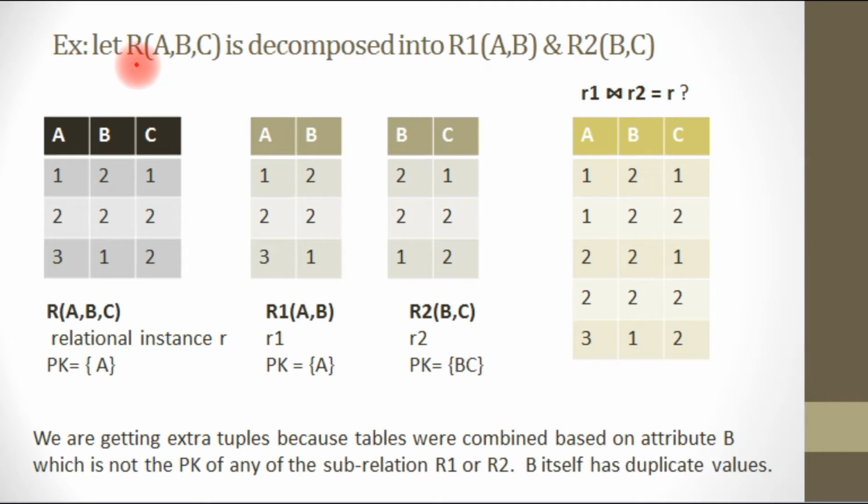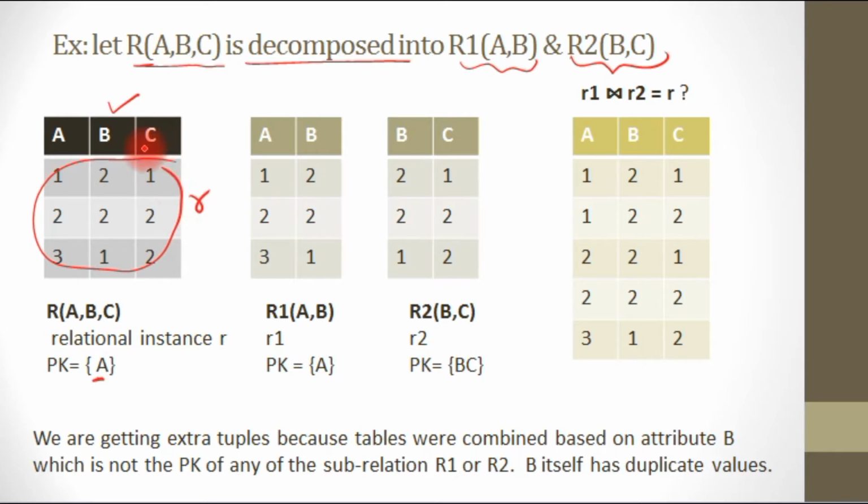Here R is a relation with three attributes A, B and C, and it is decomposed into two relations R1(AB) and R2(BC). This is your original relation, the primary key of this relation is A, and this is the instance r.